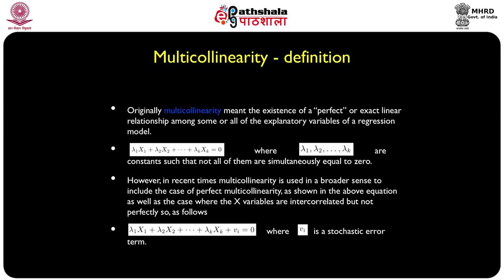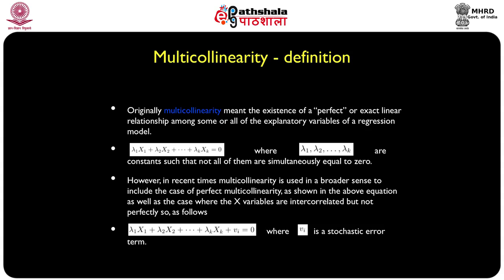Hence, if x1, x2, ..., xk are the k explanatory variables, then we can write a linear combination of them, that is lambda 1 x1 plus lambda 2 x2 plus ... lambda k xk equals 0, where lambda 1, 2, ..., k are k constants such that not all of them are 0 at the same time.